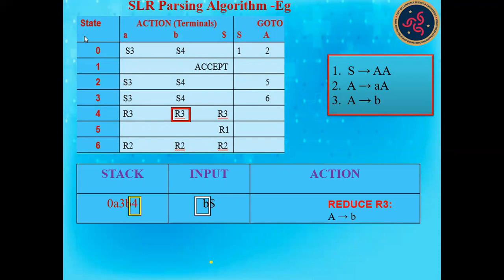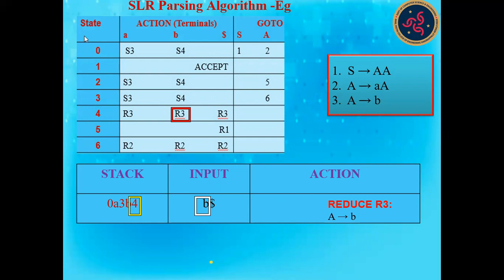With the help of production number 3, that is A gives B, we have to reduce it. What are the changes that occur in the stack and the input buffer? The input buffer does not have any change, but the stack will. We have to pop some symbols from the stack. If you have one symbol in the RHS of the production, then you have to pop two symbols from the stack.